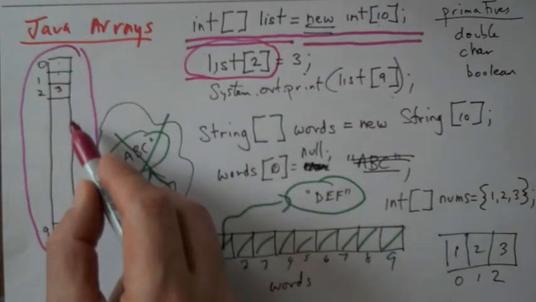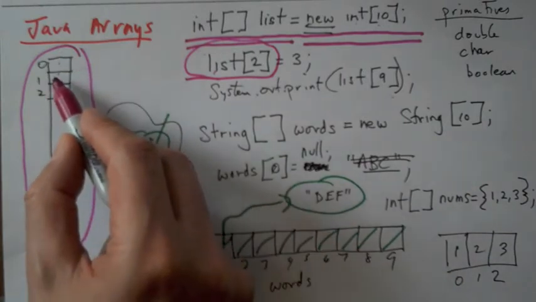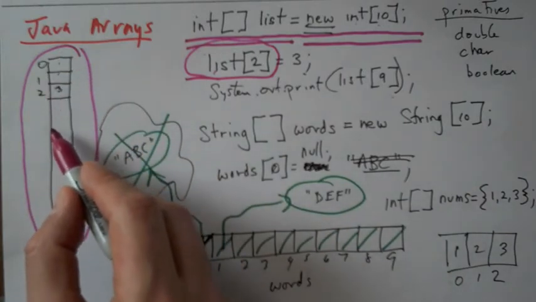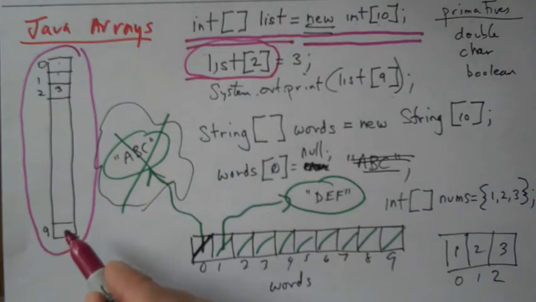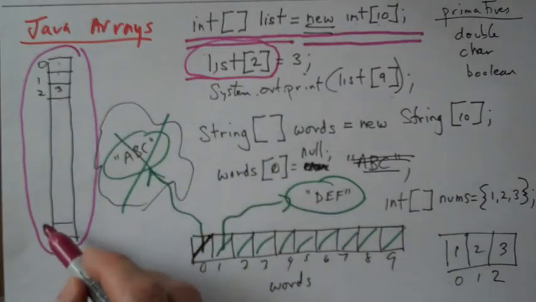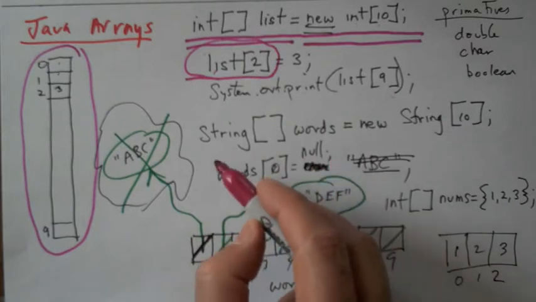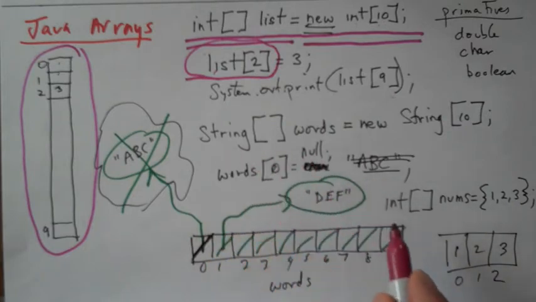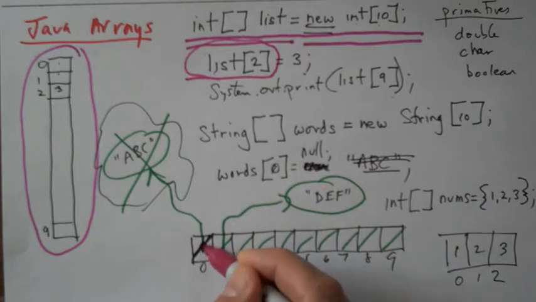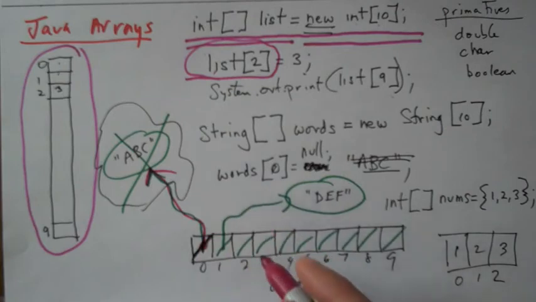So arrays can hold primitives, in which case the values are held right in these cells, these memory blocks, because primitives, we know how big they are, and they're all the same type of primitives. If we're using objects, objects can take up different amounts of memory. So what we store in that case is references to objects.